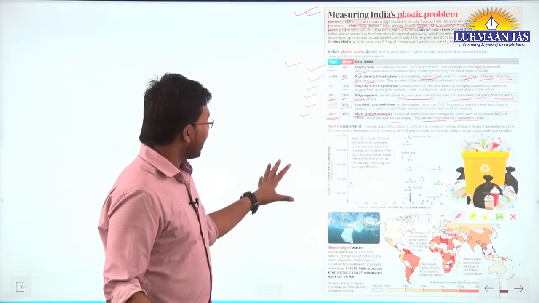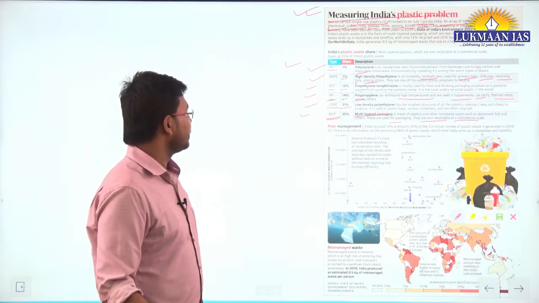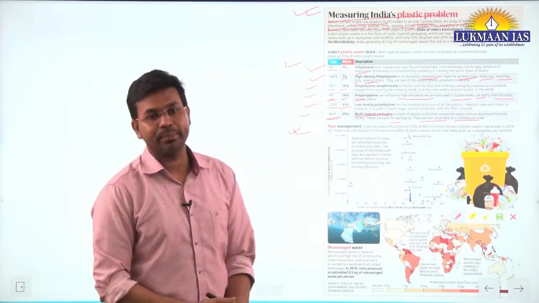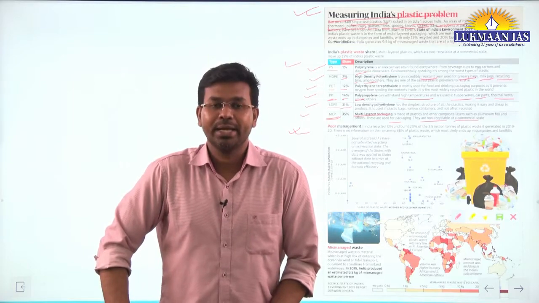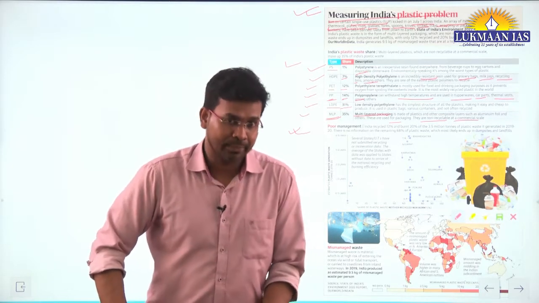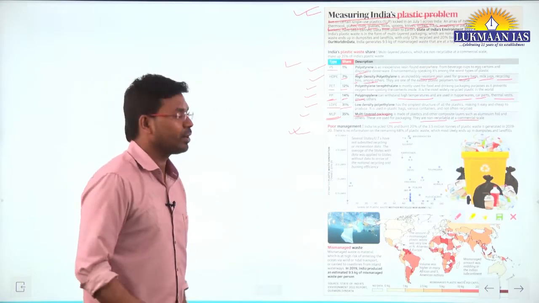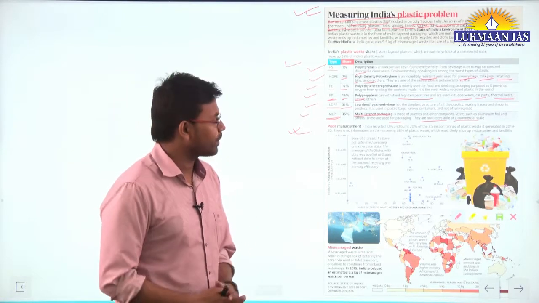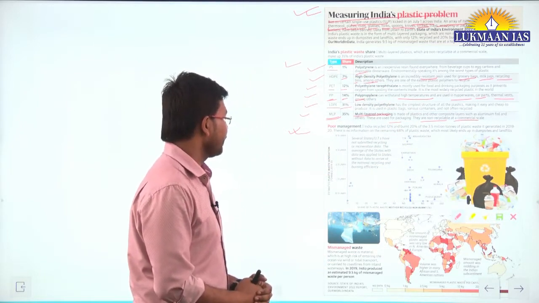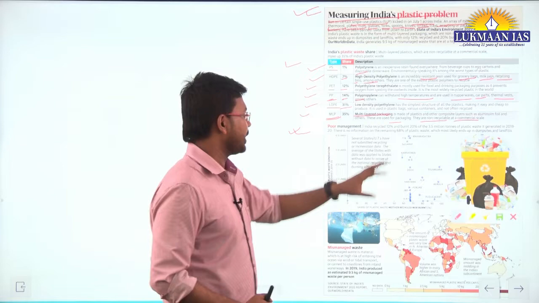Okay, so now the government of India does have some data, but the thing is, the majority of the states have not compiled the data for those plastics that are not recyclable. Many such states have not compiled, but some of the states have compiled their data, and those states' names are mentioned over here, and their percentage share is mentioned over here.